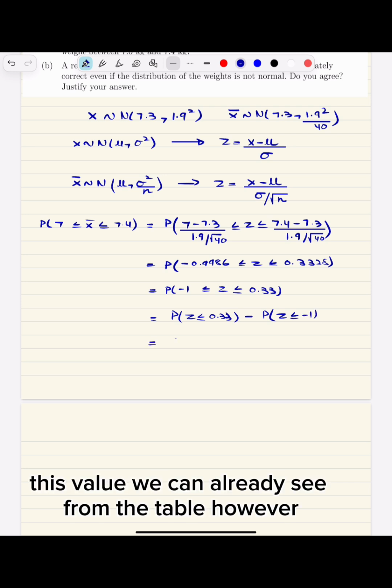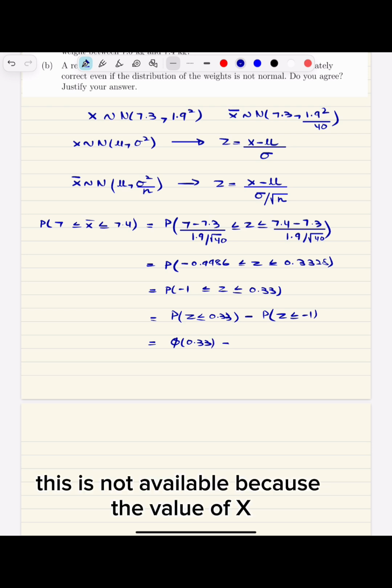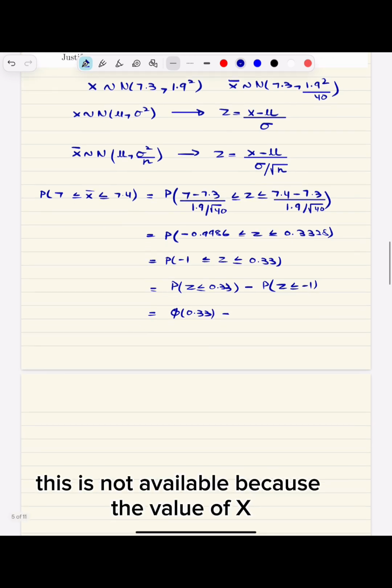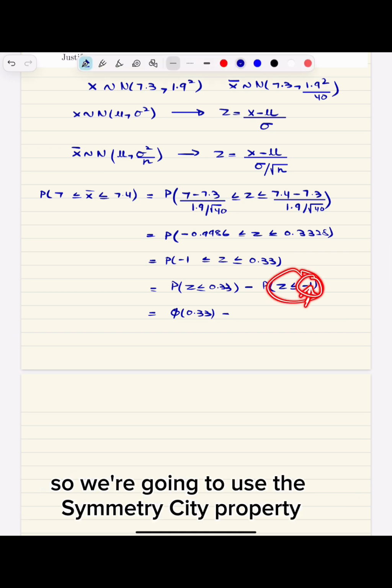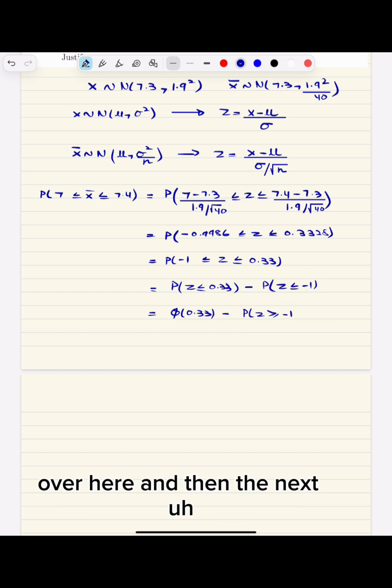Okay, this value we can already see from the table. However, this is not available because the value of z should be a positive number. So we're going to use the symmetricity property over here.